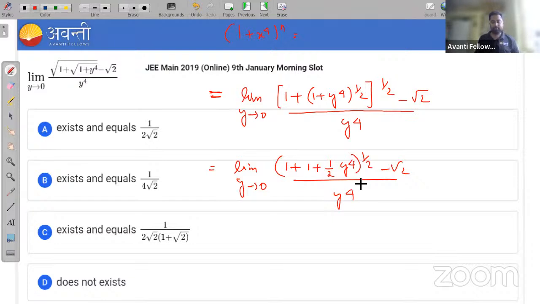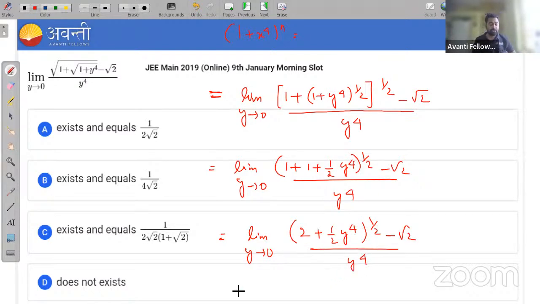Now simplify it. Ganesh, you are getting the answer. Okay. So the limit as y tends to 0 becomes (2 plus 1 by 2 y to the power 4) whole to the power 1 by 2 minus root 2, upon y to the power 4. Now, can we again use the binomial approximation?